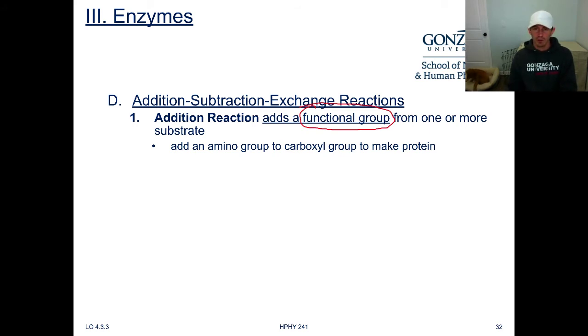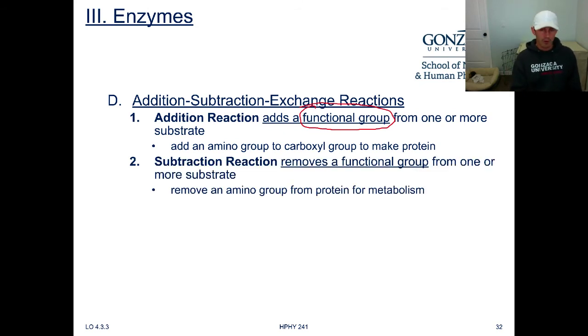What I mean by a functional group would be like a phosphate group or a carboxyl group, or an amino group. That's a functional group. Okay? So you're adding something to a compound, it's an addition reaction. We don't discuss a lot of addition or subtraction reactions in this class. On the opposite side of that, when you remove a functional group, then that's a subtraction reaction.